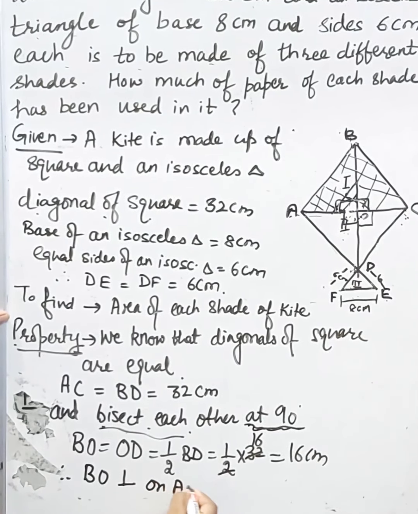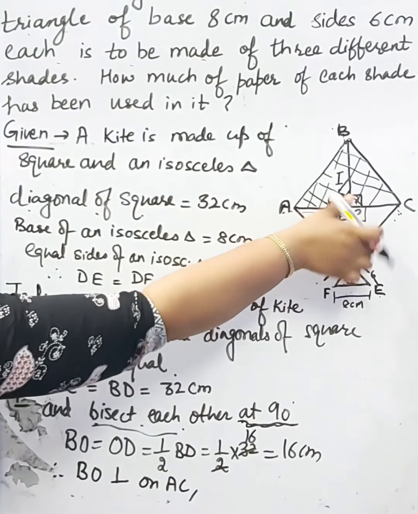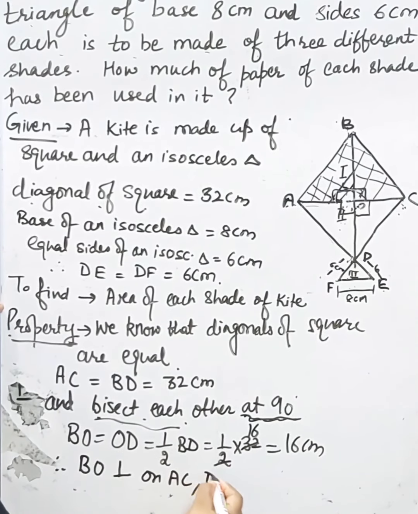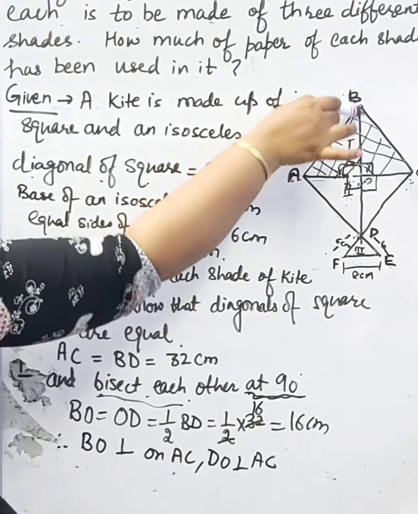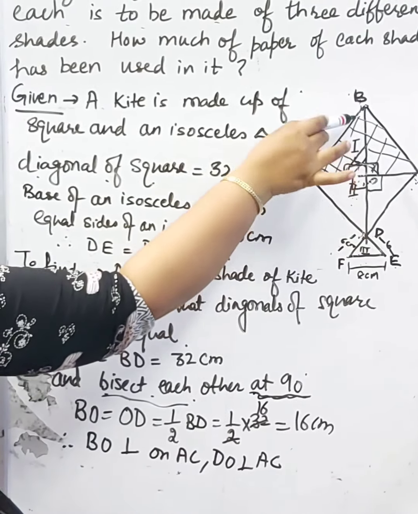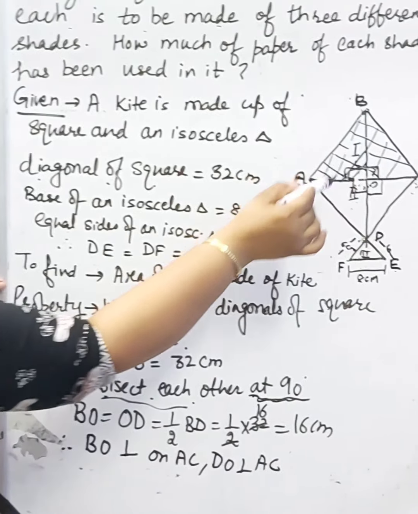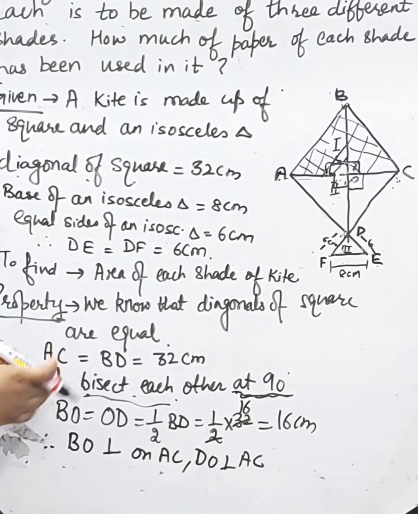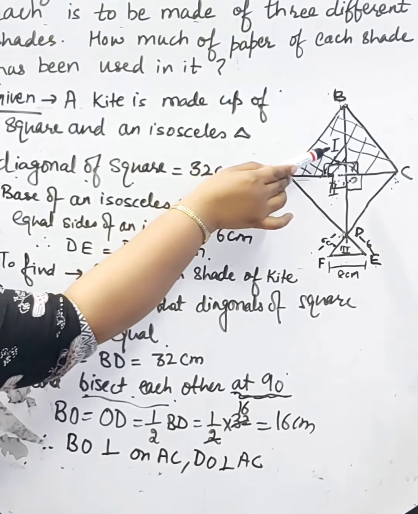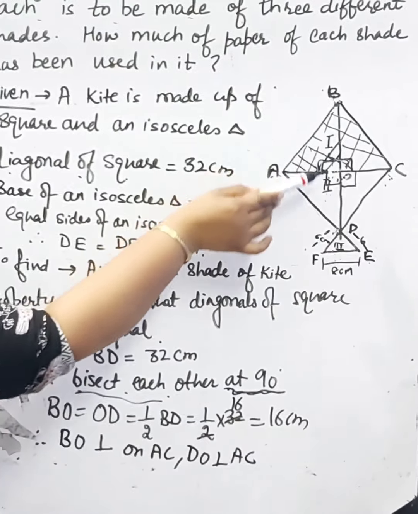In it we have to use this diagonal in the form of perpendicular. Now in the next part we will solve this question by finding the area of each shade one by one.